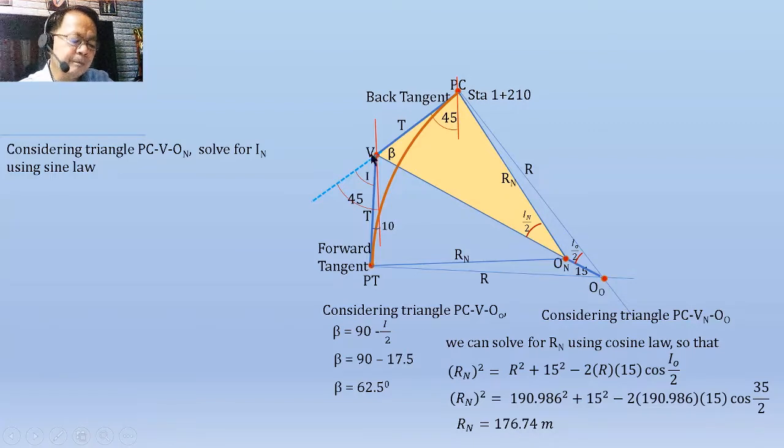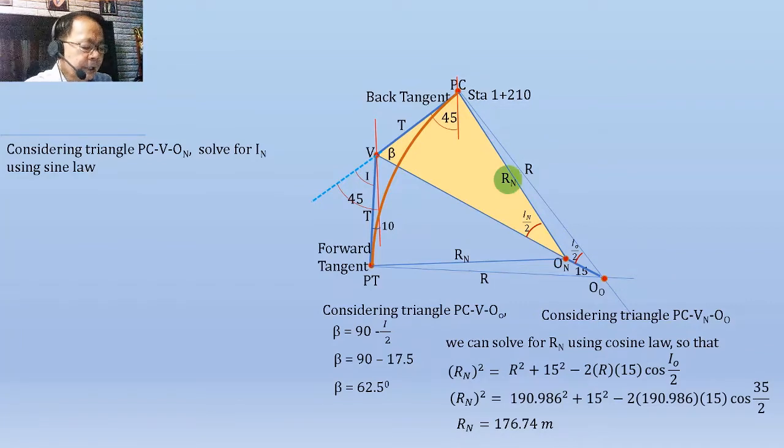And because PC will remain at the same position, this distance V to PC will be our T. And therefore, this triangle will be a triangle having two known sides and one known angle, di ba? And therefore, we can compute for the other elements by using sine law.